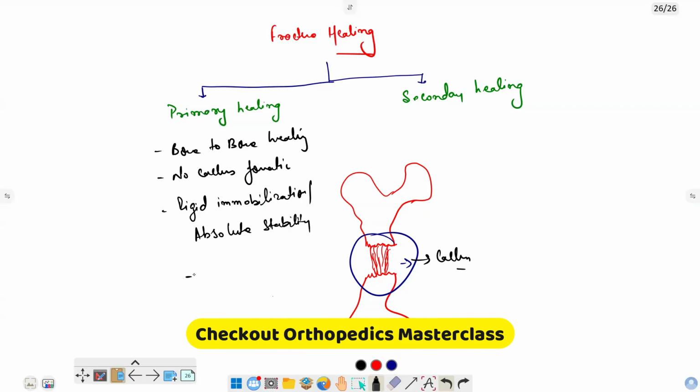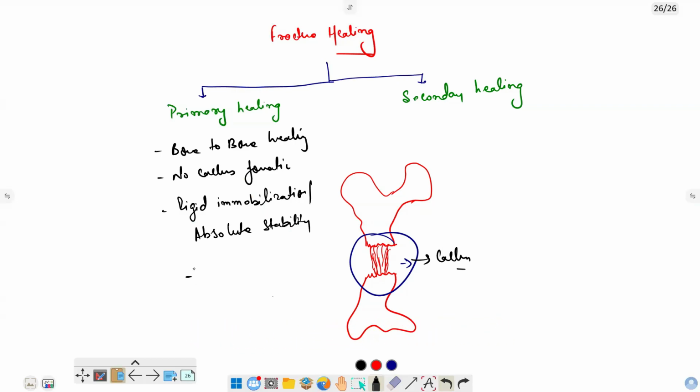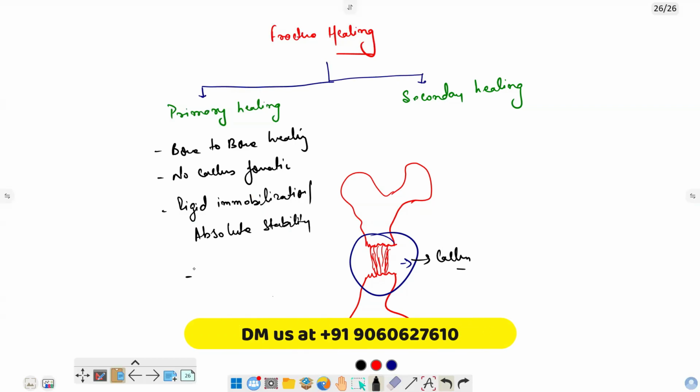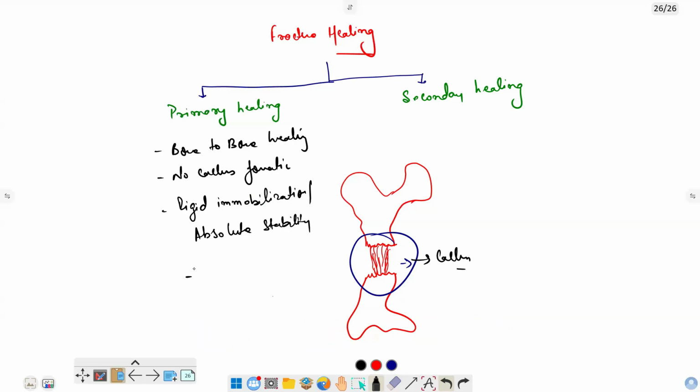Apart from that, it is possible only by surgical fixation of the fracture. Without surgical fixation, with just closed reduction, we cannot achieve primary healing, because in closed reduction it's quite impossible to achieve rigid immobilization.